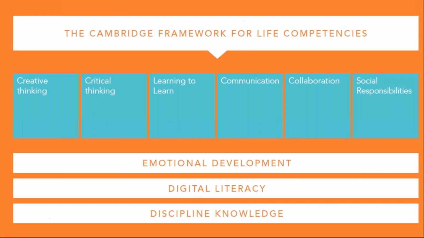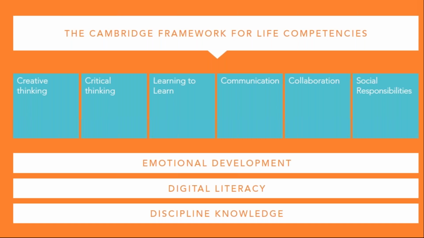And here we have, as I promised I'd show you, the Cambridge Framework for Life Competencies. So a life competency is synonymous to a life skill. And if you look across the top, those are the 6 core life skills. We've already touched upon these talking about projects.